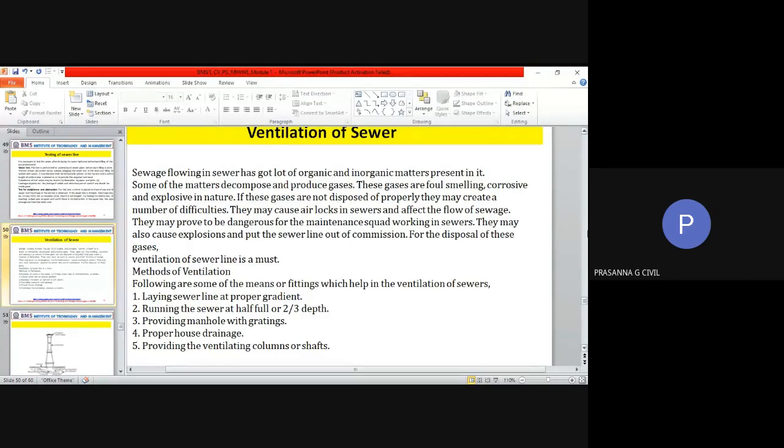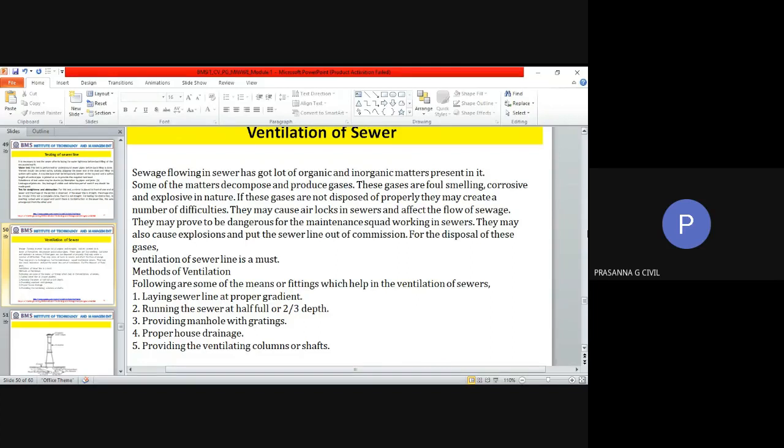Laying the sewer line at a proper gradient. Now, you will think, why laying it at a proper gradient? Because, see, when liquid is flowing, it is the gas that gets collected on top of the liquid. So you have a place where there is a sudden depression and then your pipeline is going up.